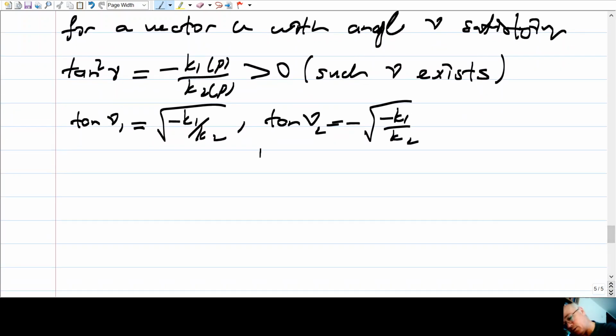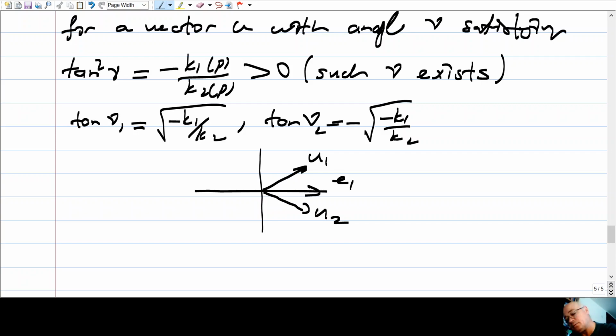So our angles are like this. One of them is this one, u1, the other one is this one, u2.